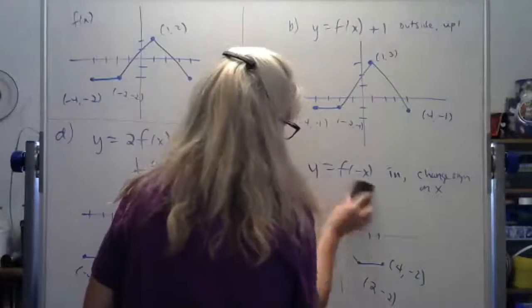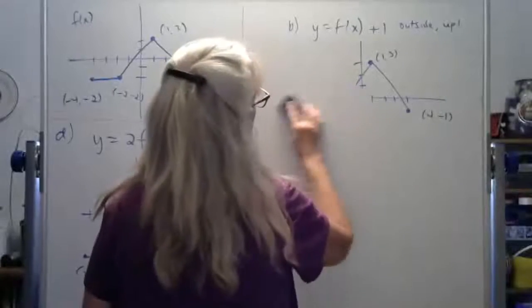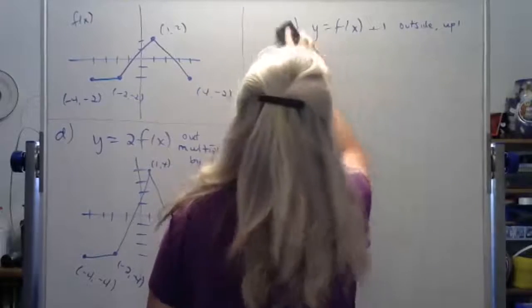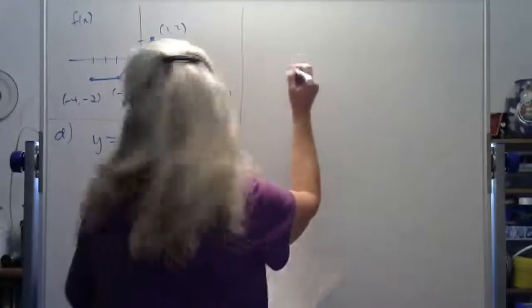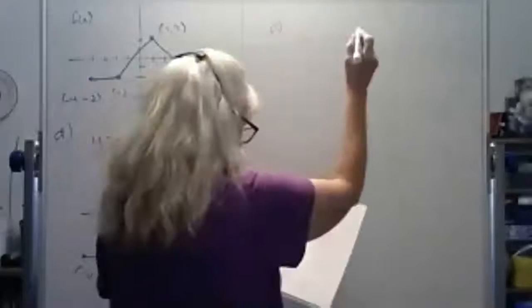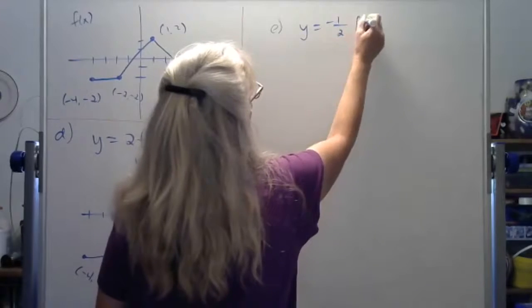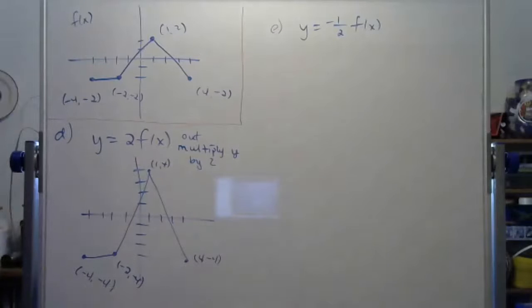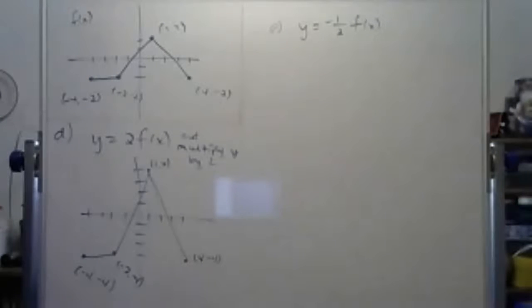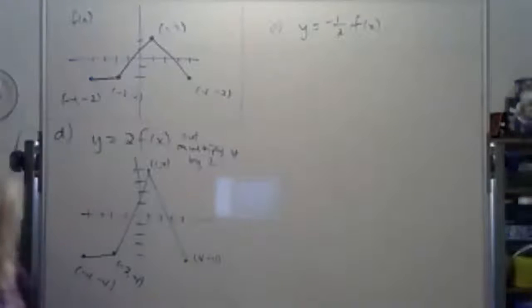Okay, one more. So this would be part E. We're going to do y equals a -1/2 f of x. A negative 1/2 times f of x. So that negative 1/2 is in or out?